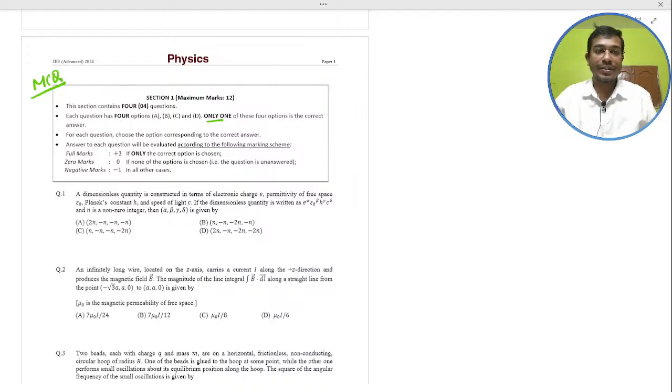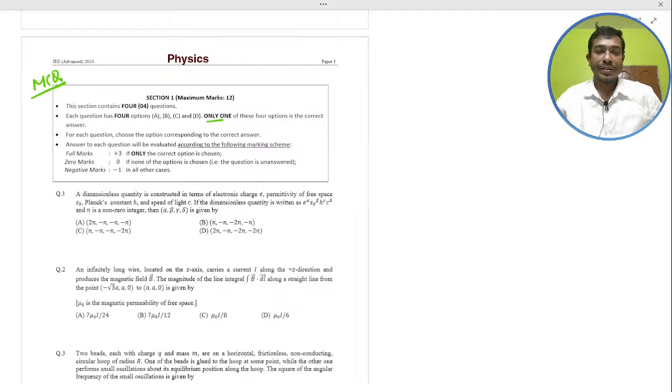A dimensionless quantity is constructed in terms of the electronic charge e, permittivity of free space epsilon naught, Planck constant h, and the speed of light c.